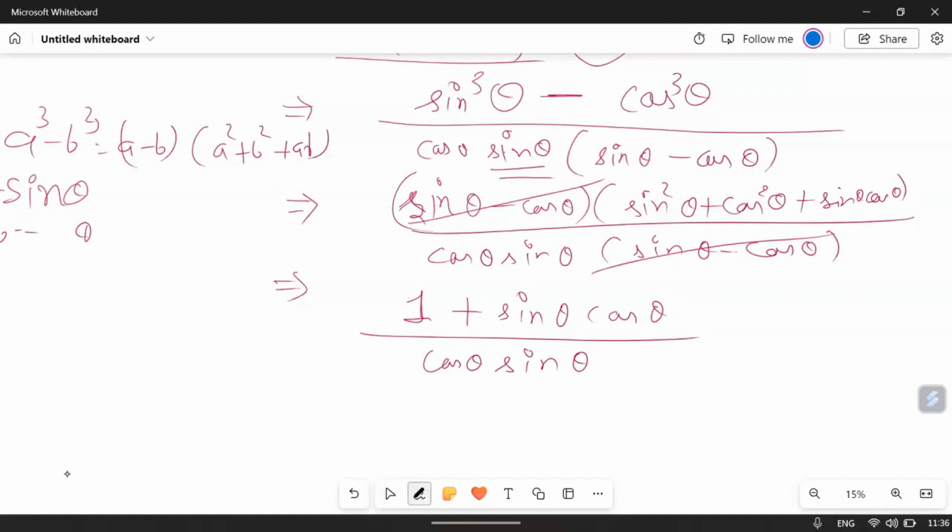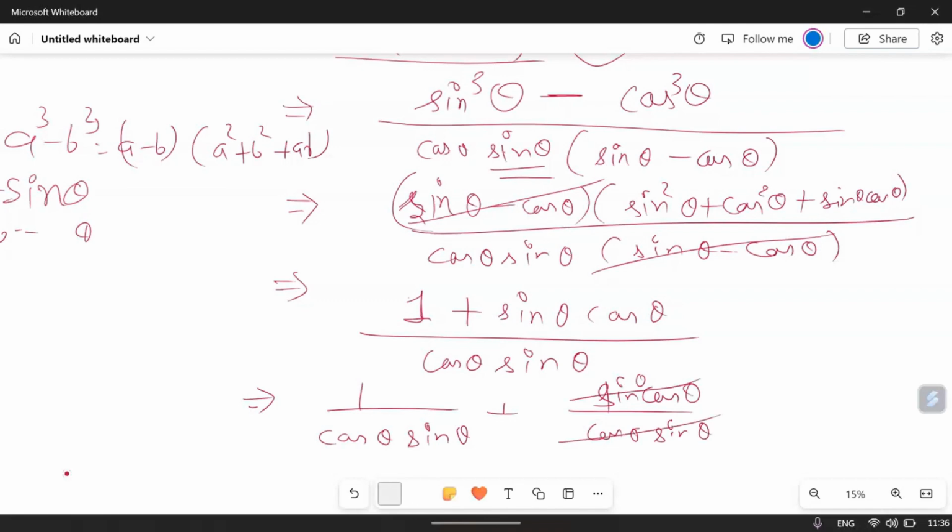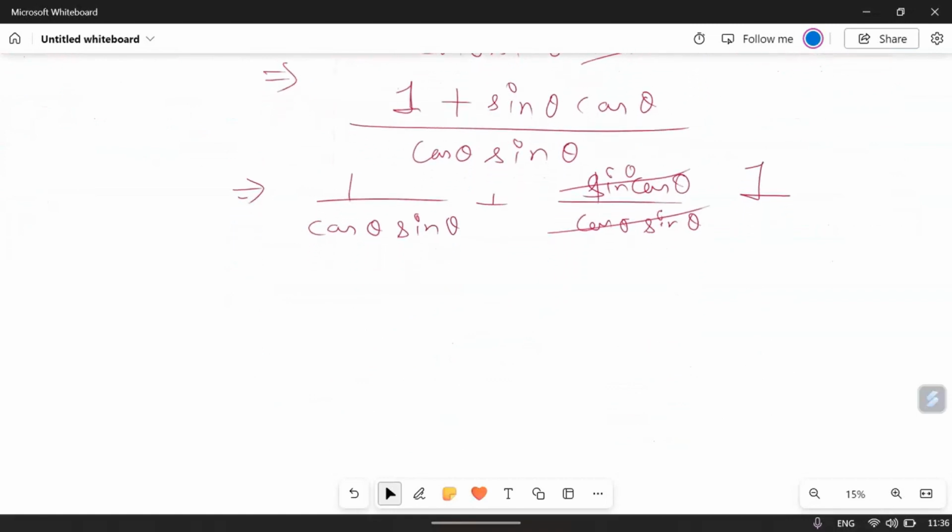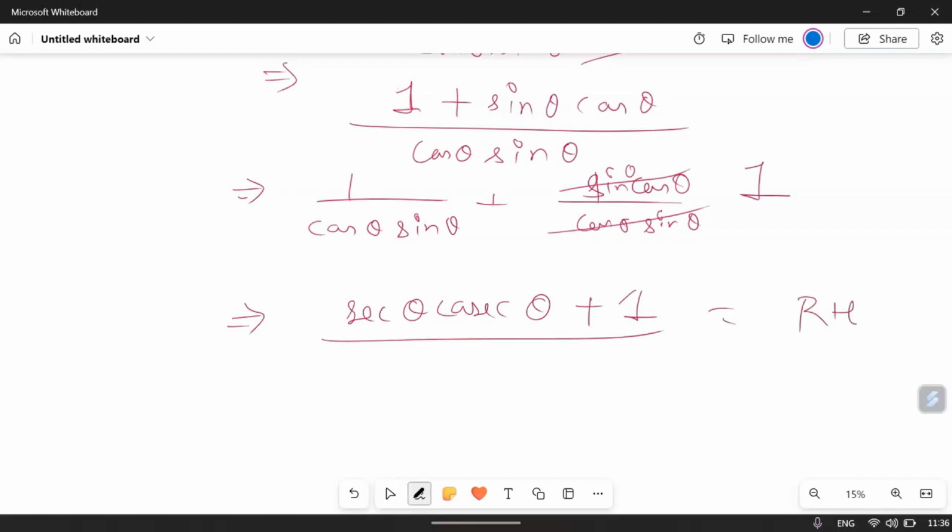Now separating this term, sine theta cos theta upon cos theta sine theta will cancel out and become 1, and 1 upon cos theta can be written as sec theta, and 1 upon sine theta can be written as cosec theta, plus 1. So this will be your RHS.